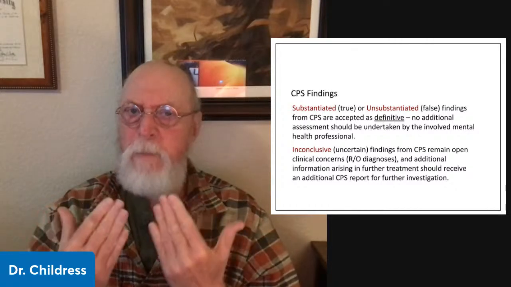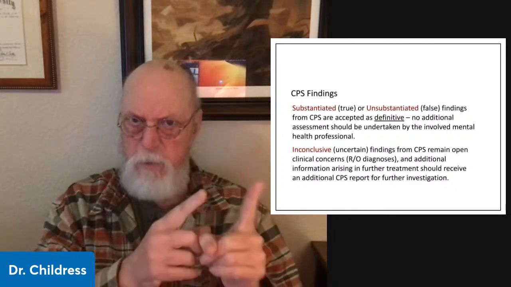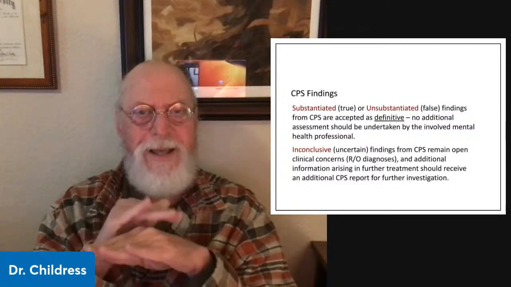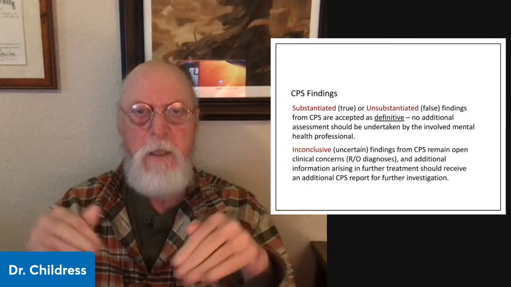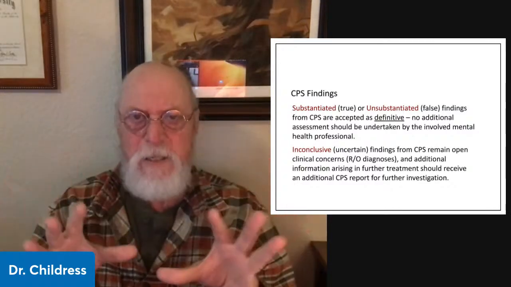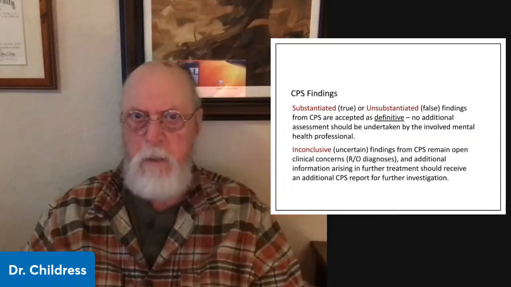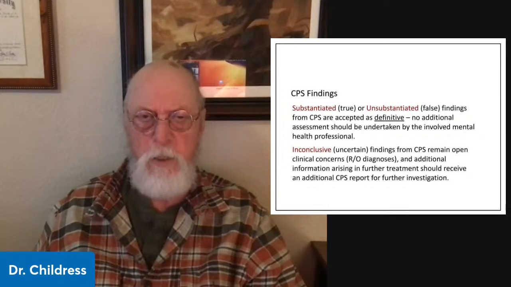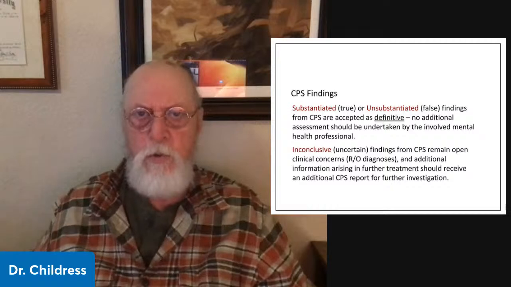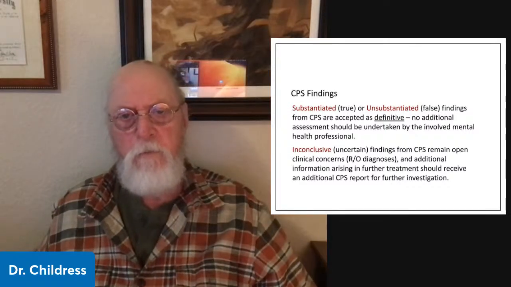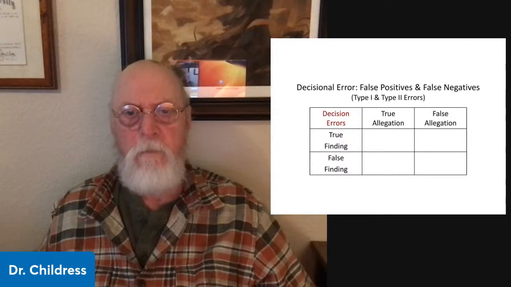And when that comes back as either substantiated, true, or unsubstantiated, false, we accept that. They've conducted the assessment. We don't go back in and try to reassess the situation because we're just going to wind up influencing the child and messing things up potentially. So those 2, true or false, are accepted by the mental health professionals as accurate.